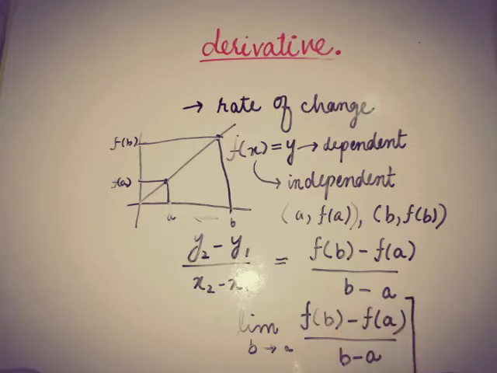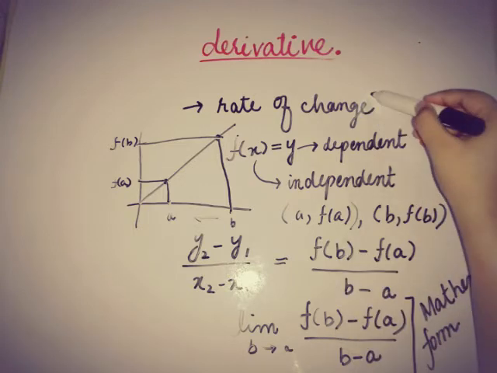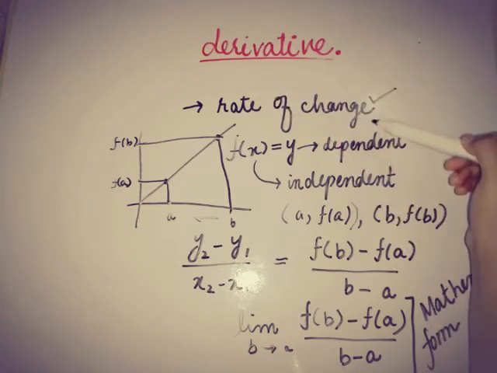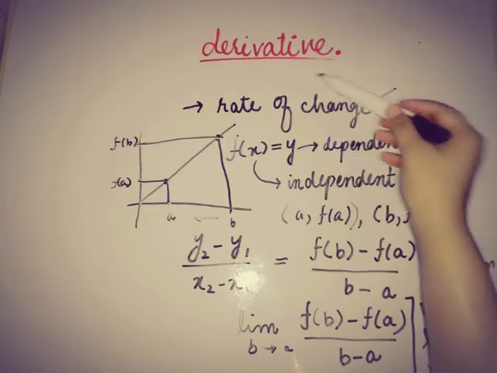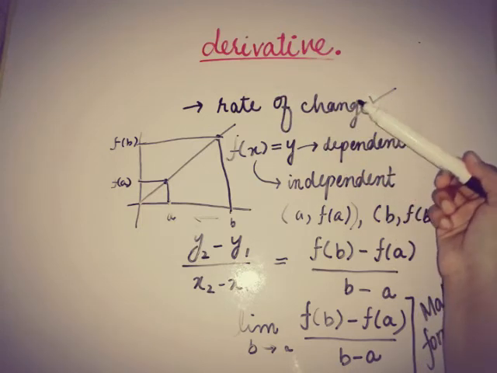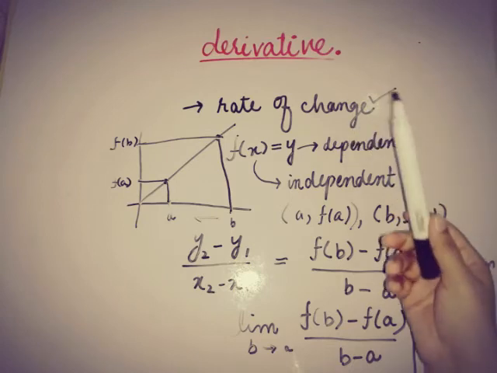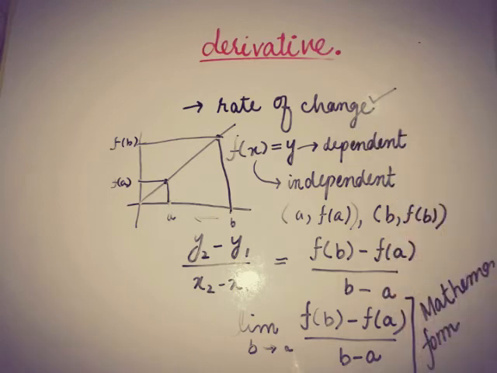So basically this is the mathematical form of the derivative. As I have already mentioned, this is the core word, and by writing the rate of change definition into mathematical form, we extract the mathematical expression of the derivative.